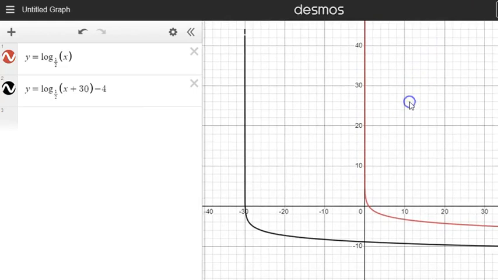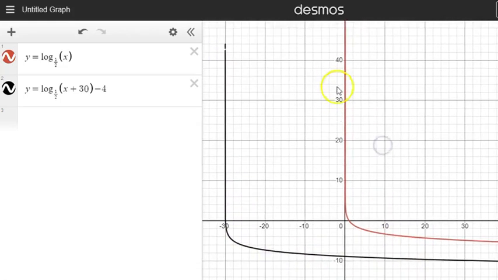So here's our graph. The red is the more basic function of log base 1/2 of x, and our graph in black is our transformed function. We see that in our original graph we had a domain of 0 to infinity. There's a vertical asymptote at 0.